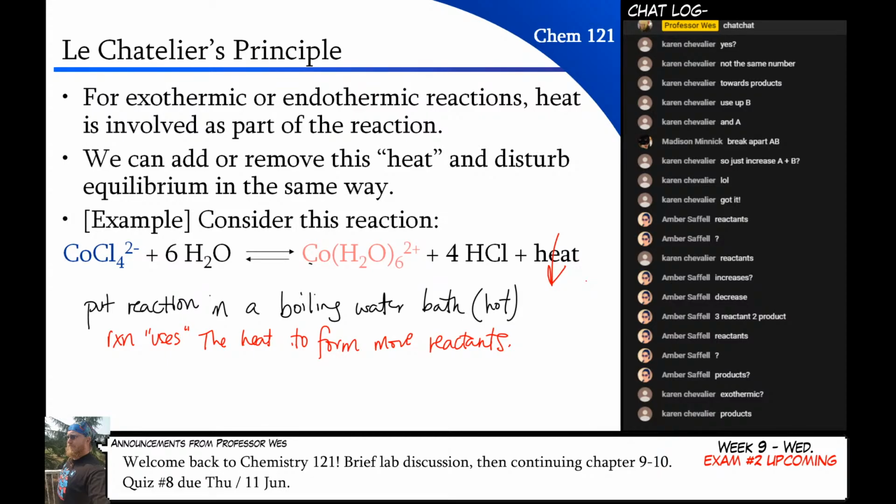If I have too little heat, the reaction will try to replace it because I took it away. Which direction will the reaction shift? Towards reactants or products? It's got to make more heat to replace what I lost.